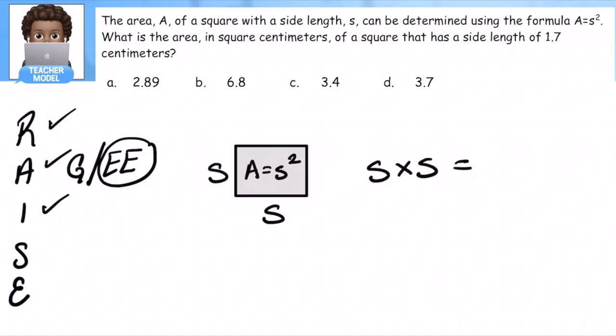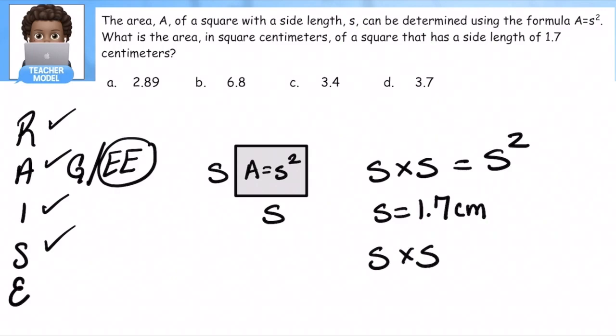And in this one, they're telling us the side is equal to 1 7/10 centimeters. So that's going to be our goal. If I were to actually strategically solve this, I would substitute 1 7/10 times 1 7/10 instead of S times S. That will give us the area.